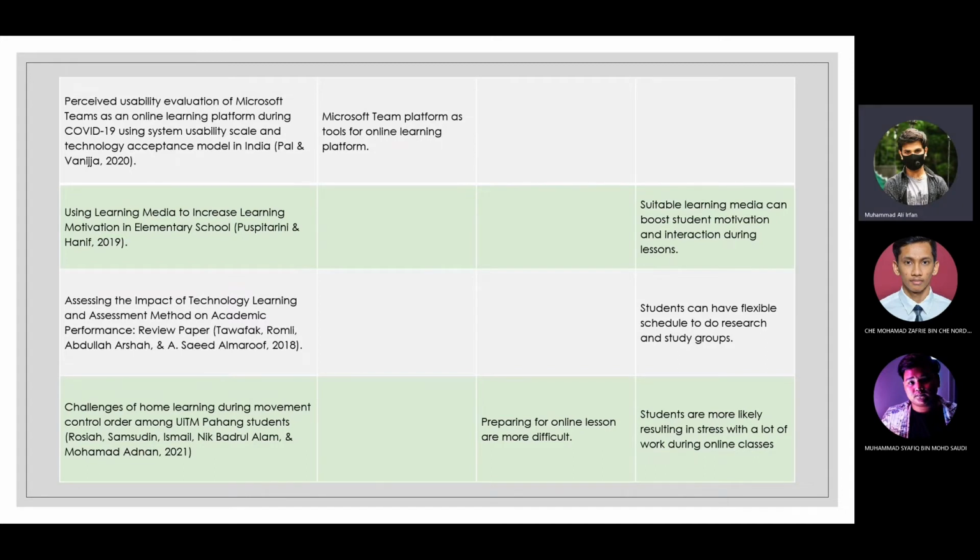Challenges of home learning during the movement control order among UiTM students. So the challenges are that preparing for the online lessons is more difficult, and the impact of technology is that students are more likely to experience stress with a lot of work during online classes.